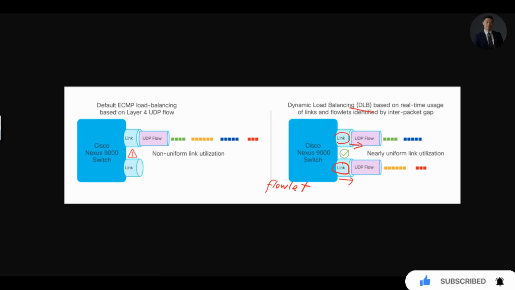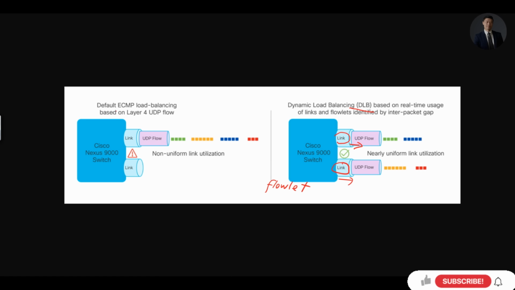The DLB also supports per-packet load balancing for environments that allow packet reordering, such as the smart NIC cards. Just by distributing the traffic intelligently, the DLB ensures uniform link utilization.